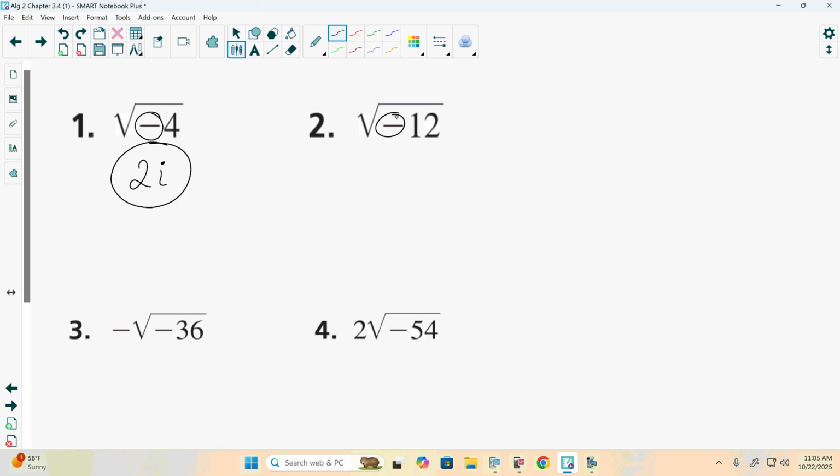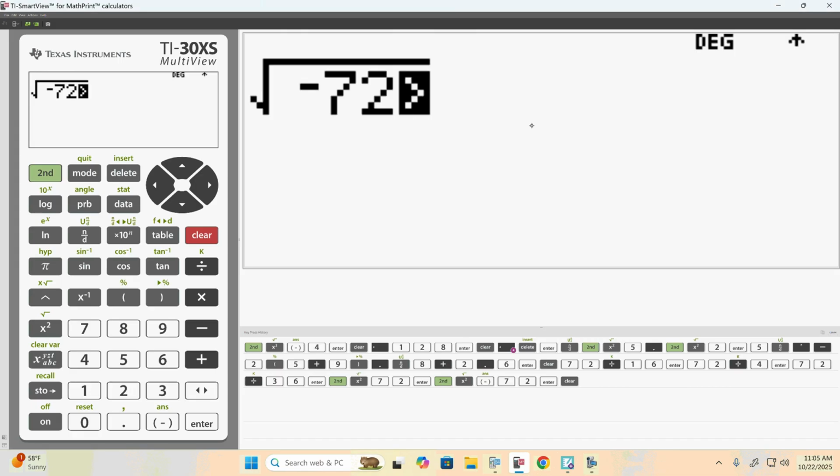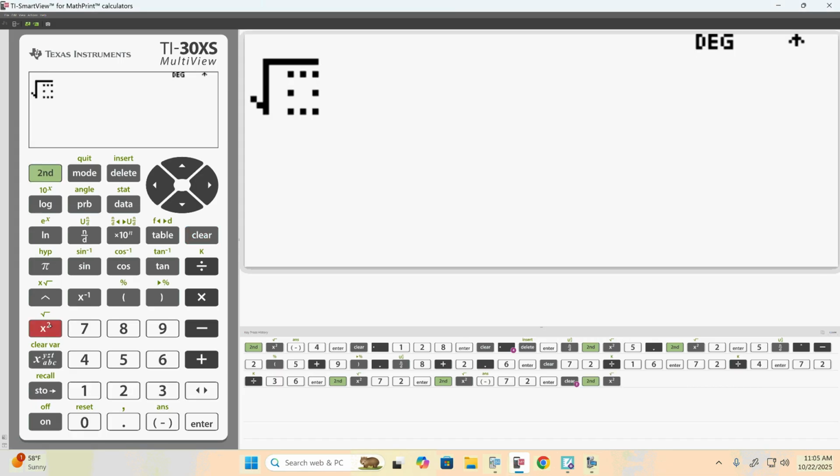It's going to come out as i, yes? So really, what are we looking at now? We're just looking at the square root of 12, yes? Will the 30Xs be able to simplify the square root of 12 in radical form?